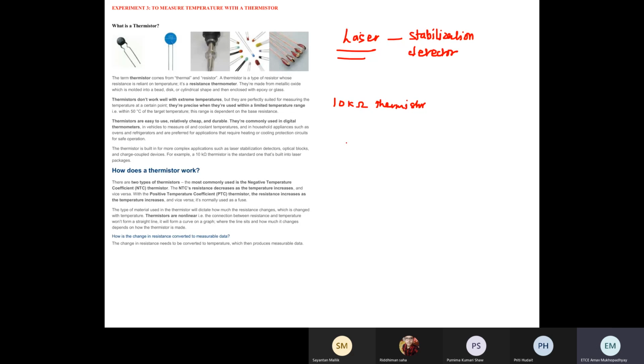Now you should also know thermistor is not a linear device. It's a non-linear device. But only in a very small range, it is a linear device. There are two types of devices. Thermistors can be classified as PTC or positive temperature coefficient device and NTC or negative temperature coefficient device. In positive temperature coefficient device, resistance goes up as temperature goes up.